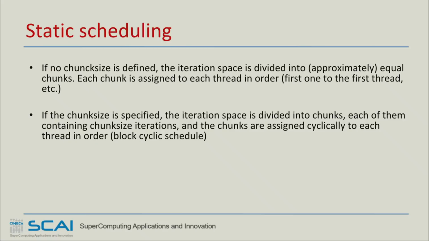The first chunk to the first one, the second chunk to the second one, third to the third, the fourth to the fourth, and then I have a fifth chunk, and I will assign the fifth chunk to the first one, and so on. This is a quite simple approach. But in this case, the assumption is that all the iterations have more or less the same computational weight.